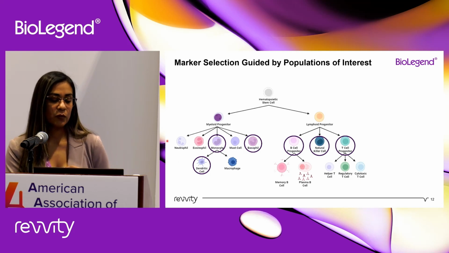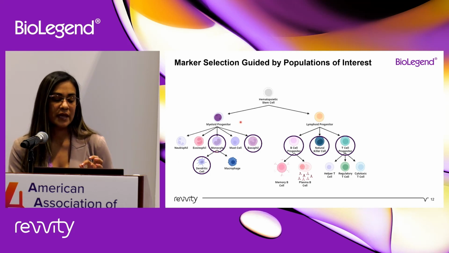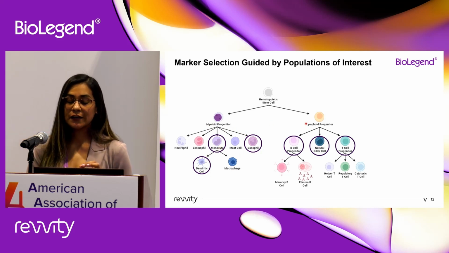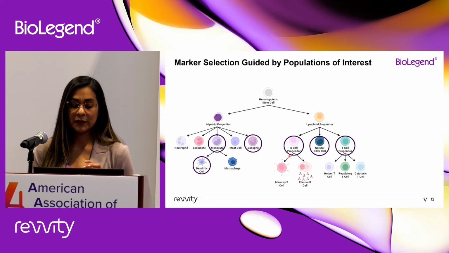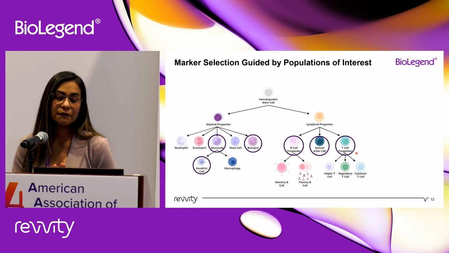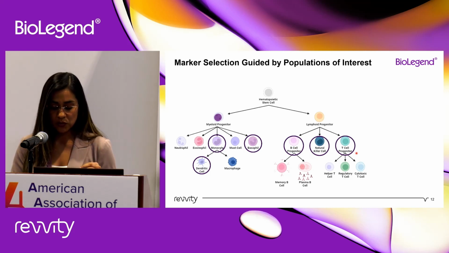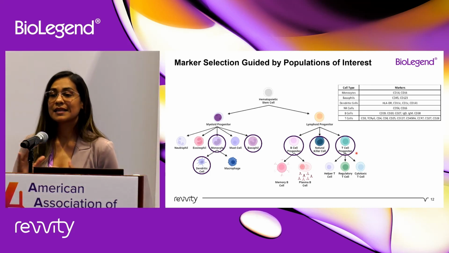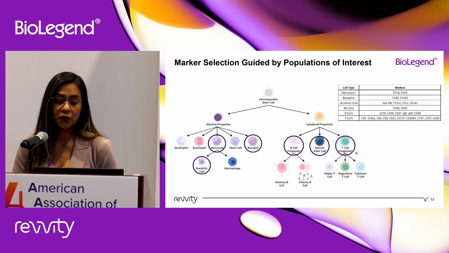And in this panel, we would like to identify from the myeloid compartment monocytes, basophils, and dendritic cells. And from the lymphoid compartment, we are going to identify B cells, NK cells, and T cells. Once that we have identified the populations that we want to characterize, we are going to list out the markers that we are going to use for those cell types.